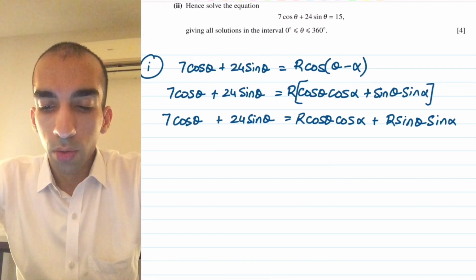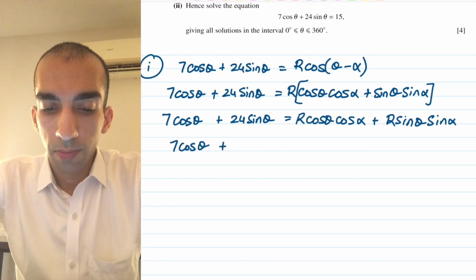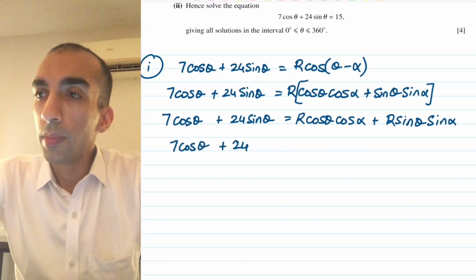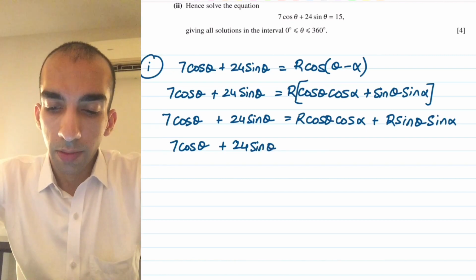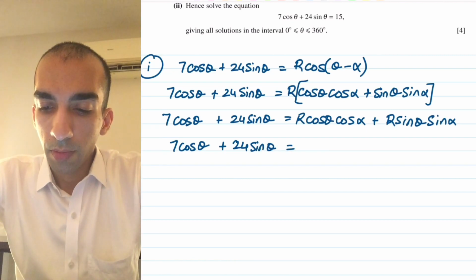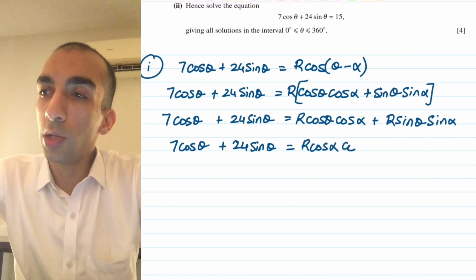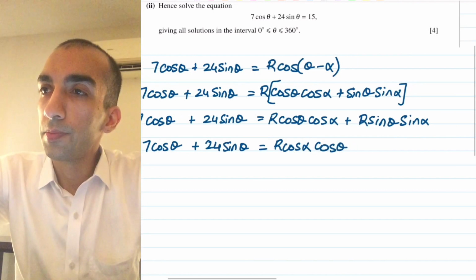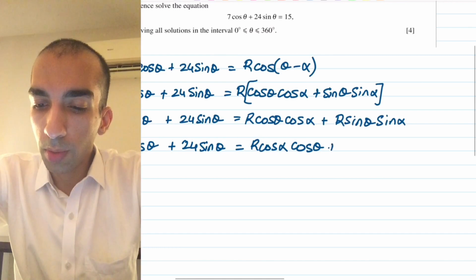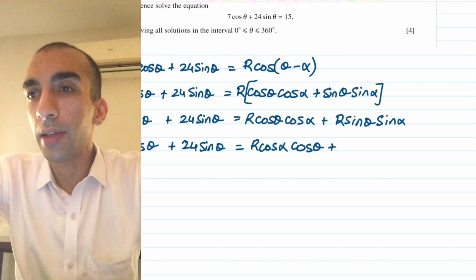What we're going to do now is compare the coefficients. So I'll rearrange this to write r cos alpha and then cos theta at the end. I'll tell you why I'm doing that. And this is also going to become r sin alpha sin theta.